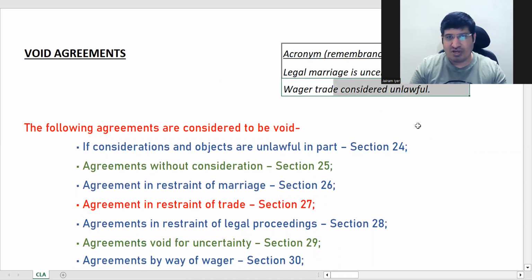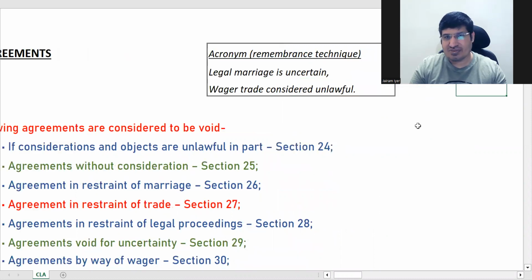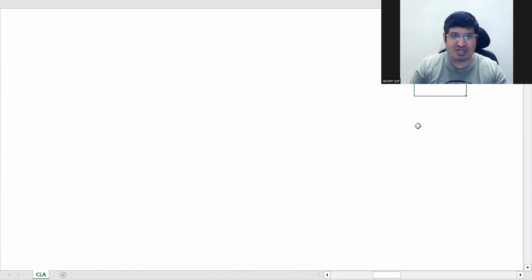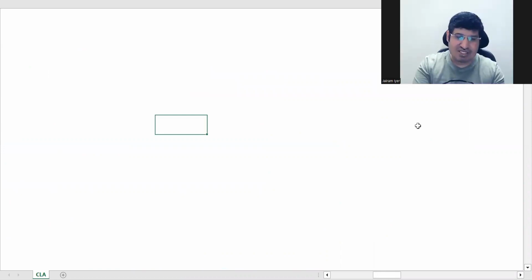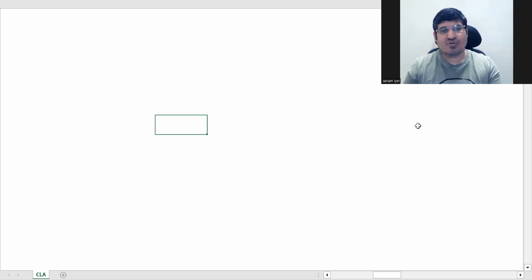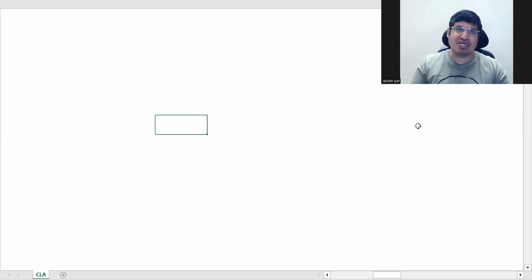And wager. Wager is what? Do you know? Any of you know what is a wager? Like gambling? Yes, wager means any form of gambling. If you have seen Pirates of the Caribbean, in the second part they use the word wager a lot, where they play some game and there is some reward kept.